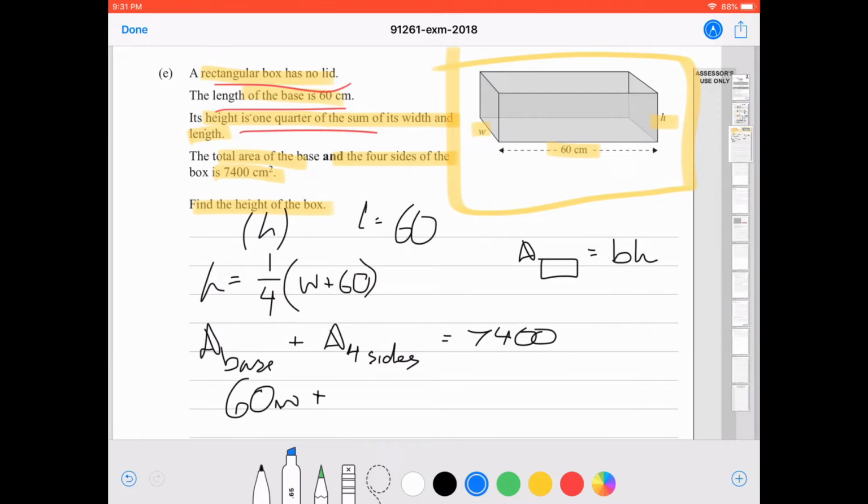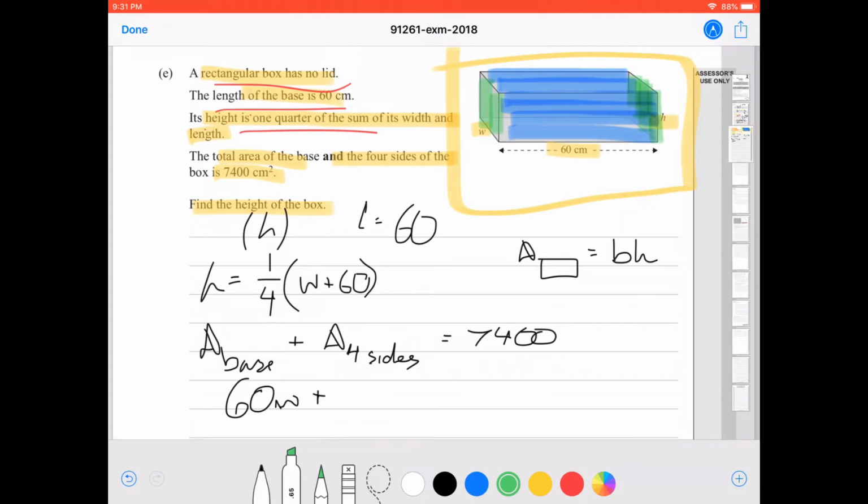Now, area of the four sides: looking at the front and back as we look at it, basically these lengths here, there's two of them, front and back. And let's also color code the remaining, so the two ends as we look at it, and they're in here as well.